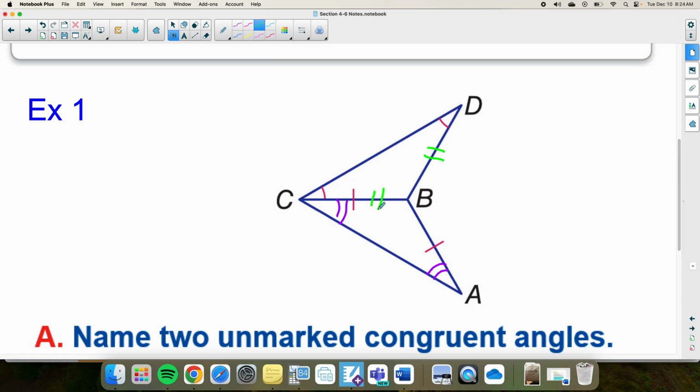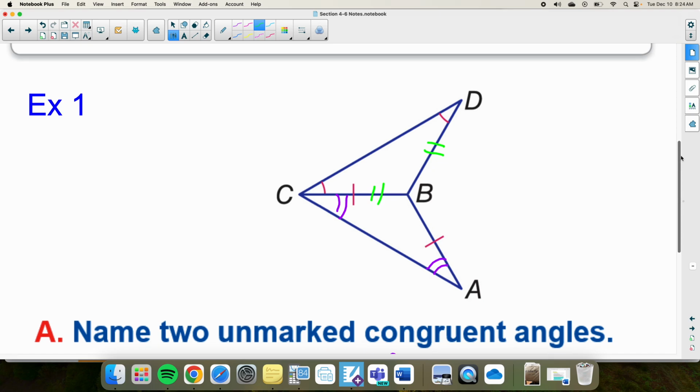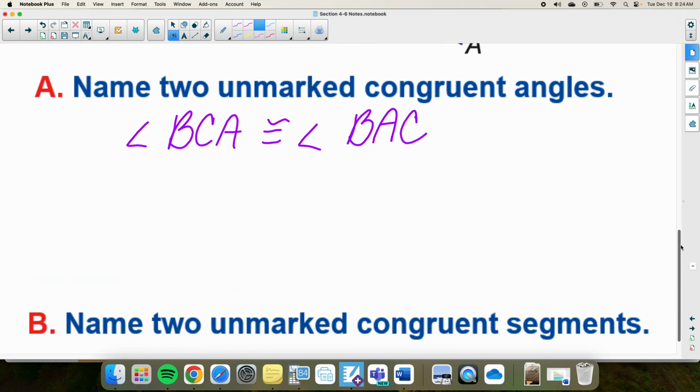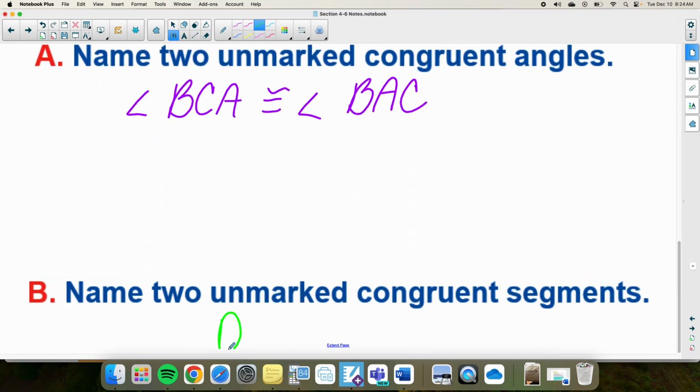Okay, now it's truly going to work that all four of those are congruent, but we're not going to worry about that. So what we would say here is segment DB is congruent to segment CB. So DB is congruent to CB.